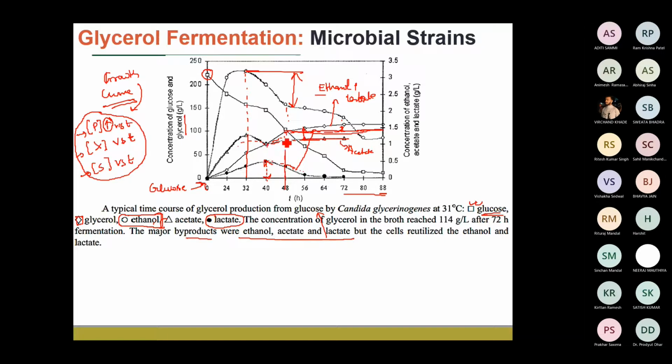So generally, it can be classified into a two-step production. One is the direct conversion of the glucose present in the fermentation media to the glycerol, and then conversion of the byproducts that are there, the ethanol and the lactate, into the glycerol. So this is how the production of the glycerol takes place with the fermentation time.